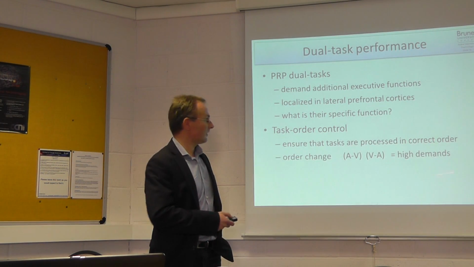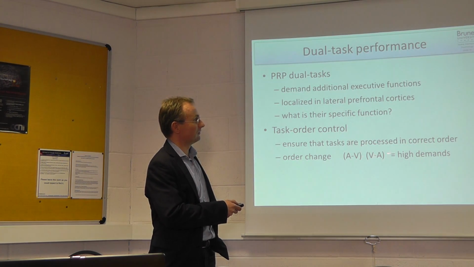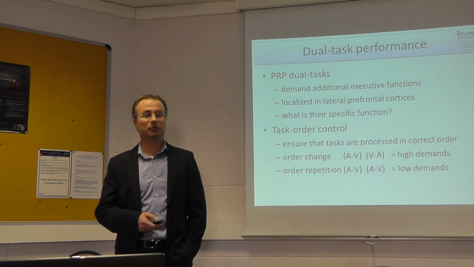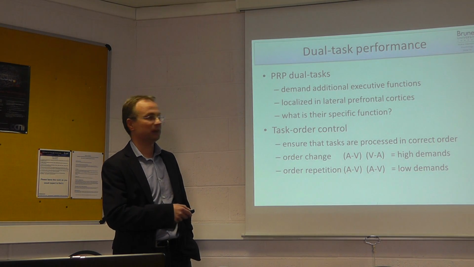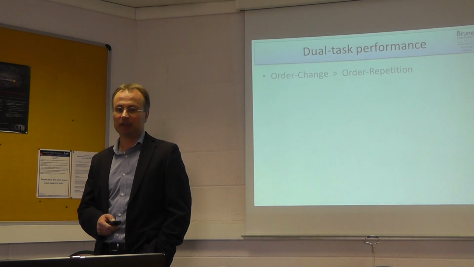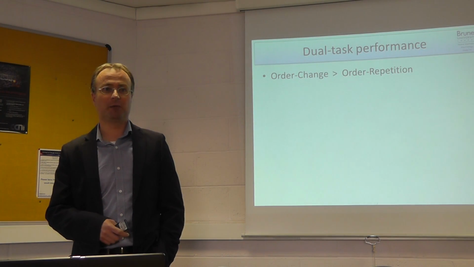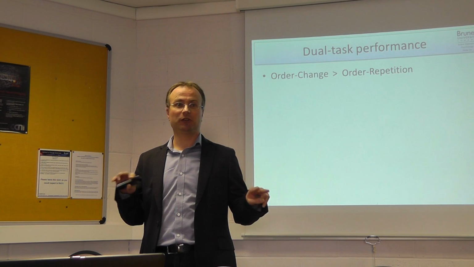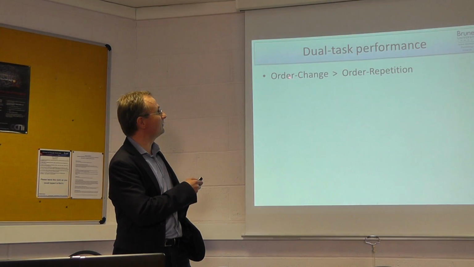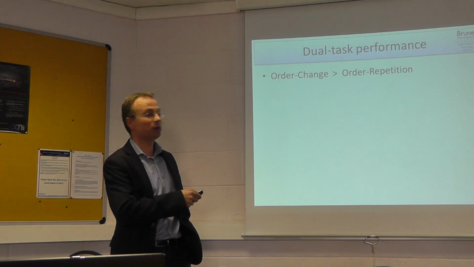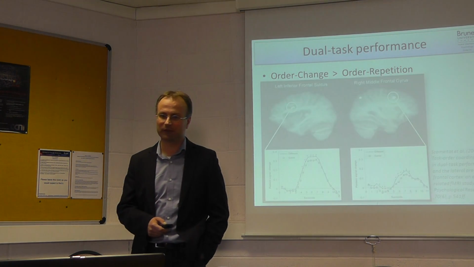When we have a changing order, we have high demands because we automatically would prepare for that order; doing the same again, low demands. So what we did was a study where people had randomly switched orders, like in a task switching paradigm, and compared the activity in order change trials to the ones in order repetition trials.